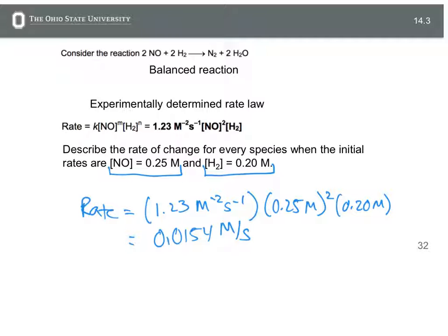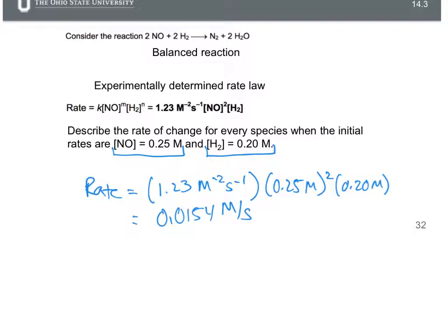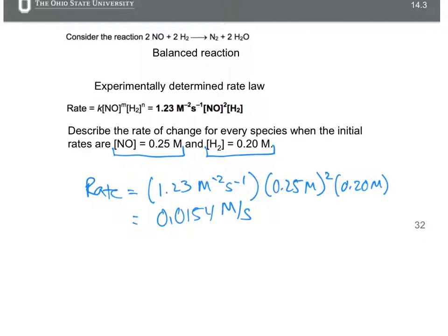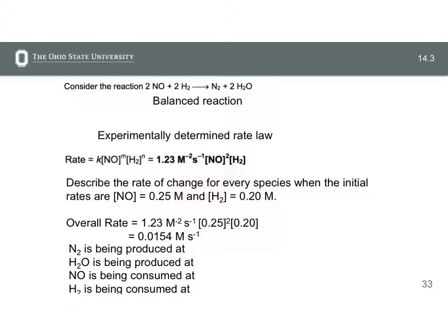So now we can use our comparative rates to determine how the production of one of the products or the disappearance of one of the reactants is affected. So for instance, our overall rate is 0.0154 moles per liter per second.